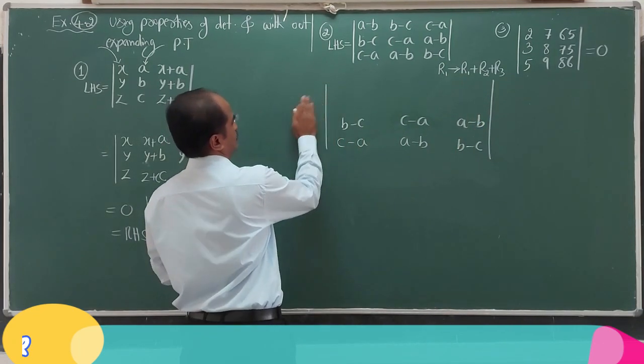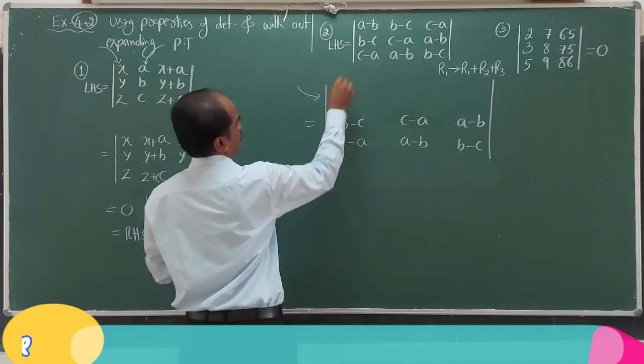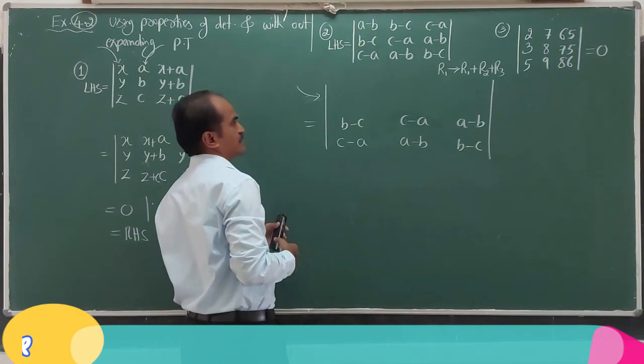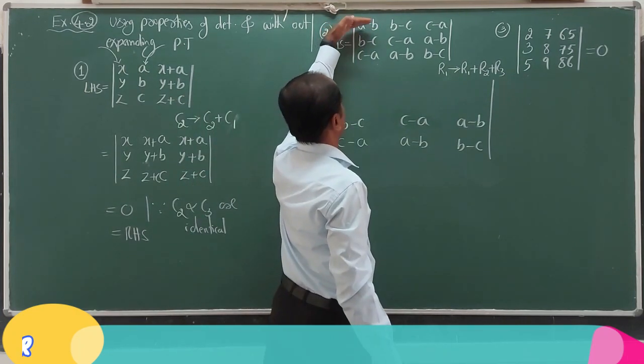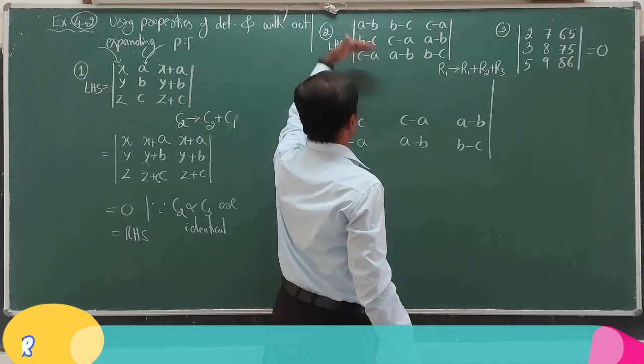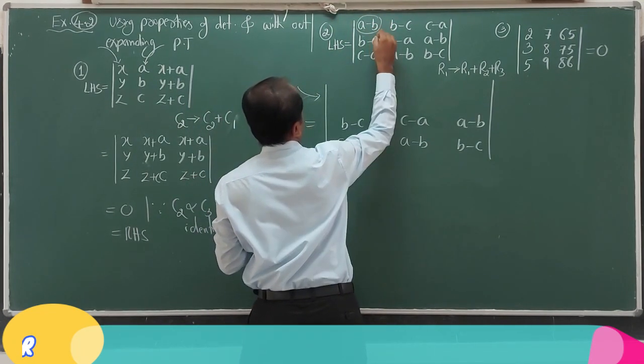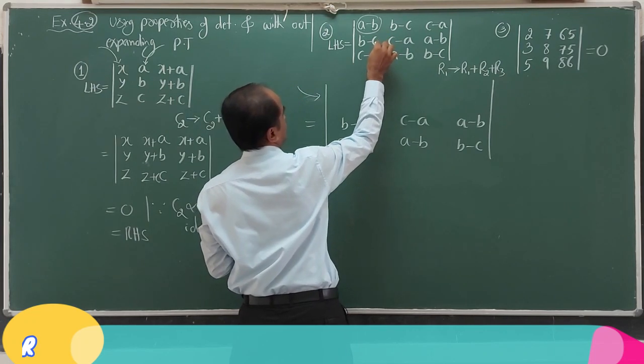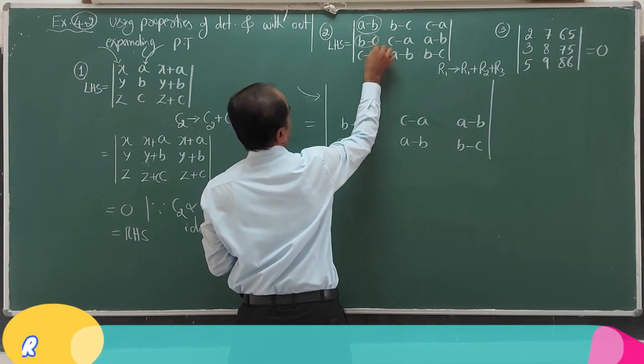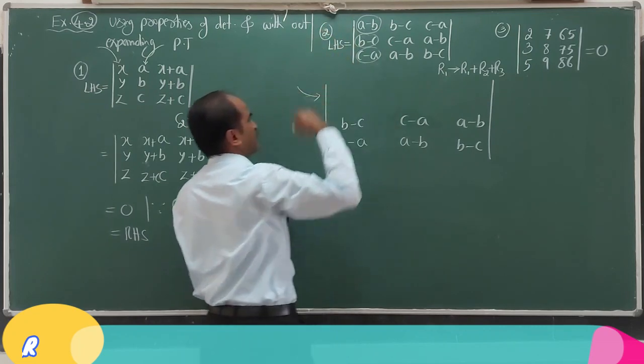So this is first row elements now. I am changing first row elements. How I am changing? For the first row, I had to add second and third row elements. For this entry, what are the corresponding elements in second and third row? B minus C, C minus A. These two must be added to that.